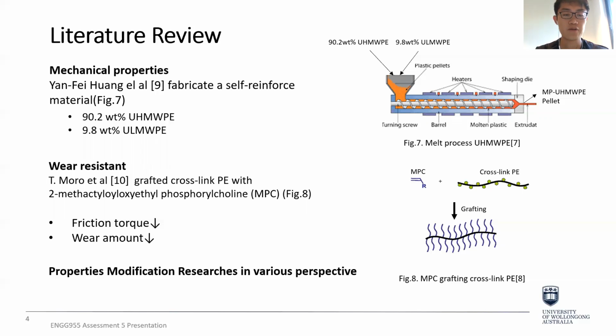The phospholipid in MPC provides hydrophilicity and works as an efficient boundary lubricant. After grafting, researchers found that the wear amount decreased by 86%, which shows an excellent improvement of wear-resistant property.